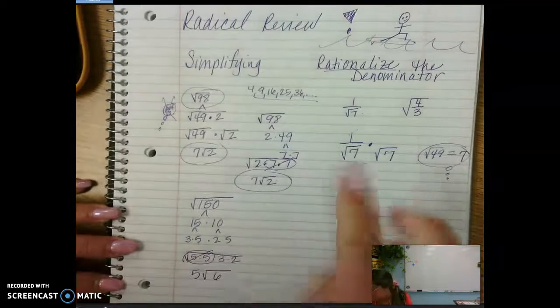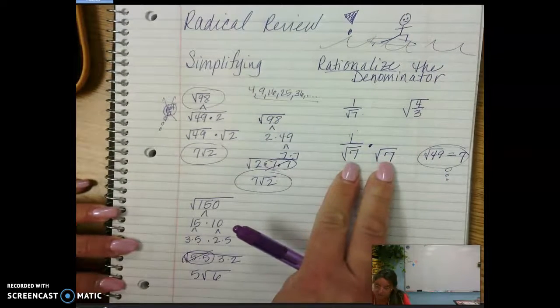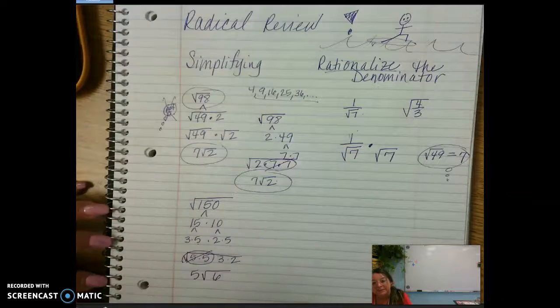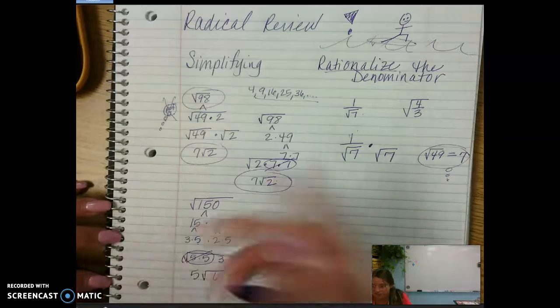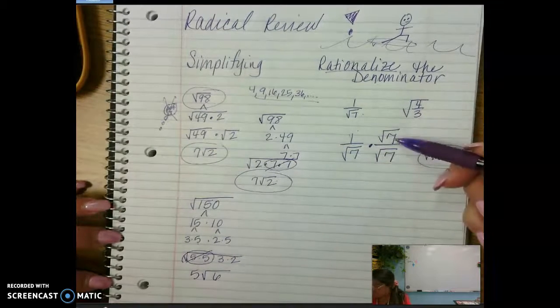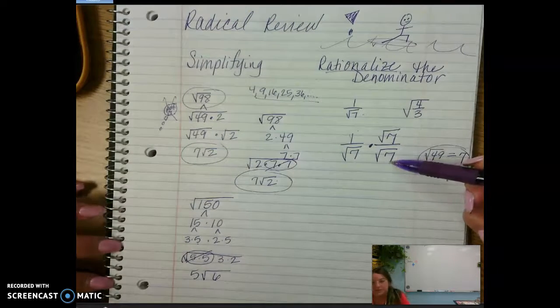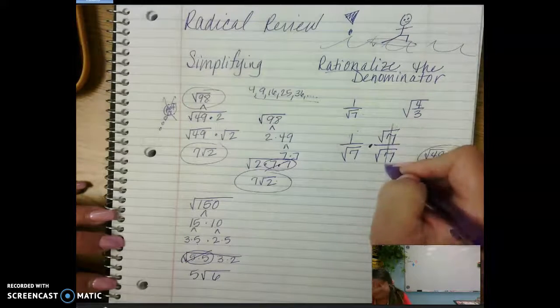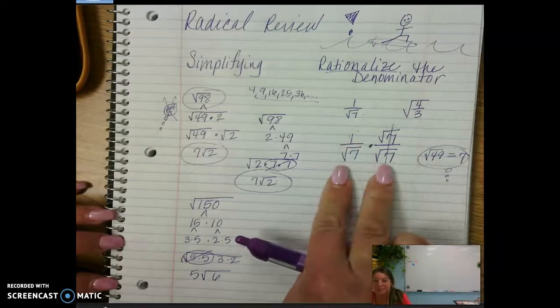The problem is that you can't just multiply by a number without changing the value. The only number that you're allowed to multiply by without changing the value is 1. And so you are going to multiply by root 7 divided by root 7, because remember, anything divided by itself is equal to 1. So you're allowed to multiply by 1.